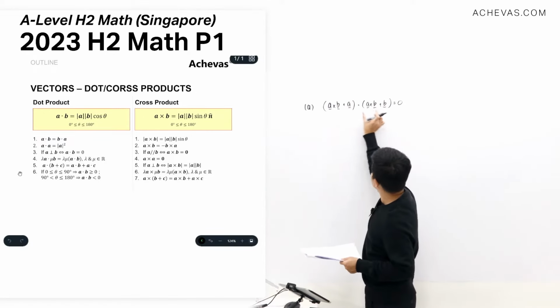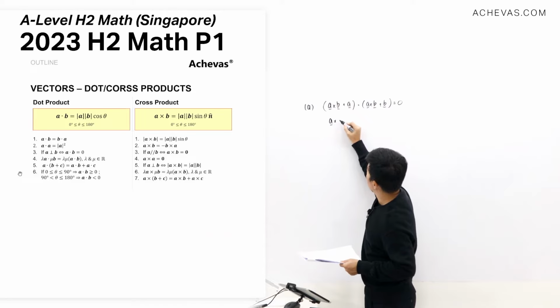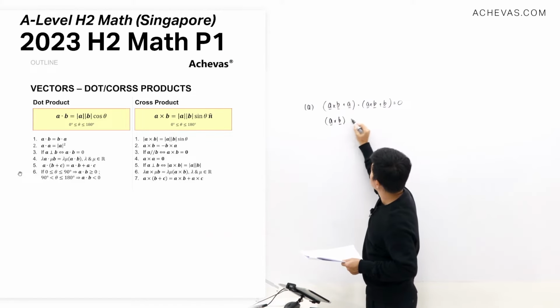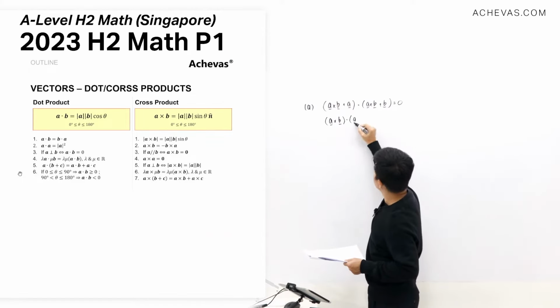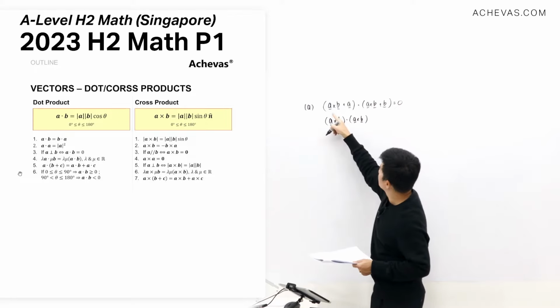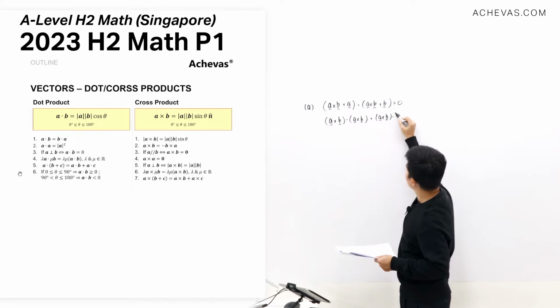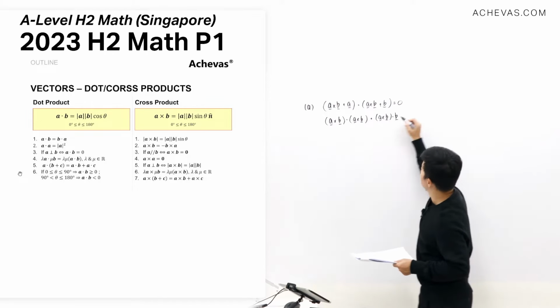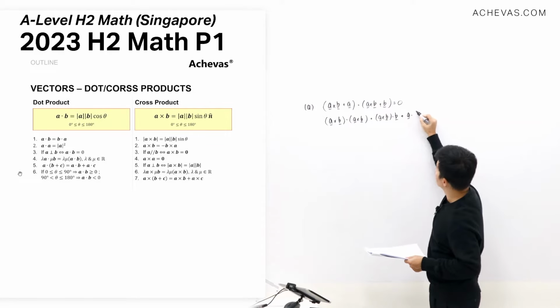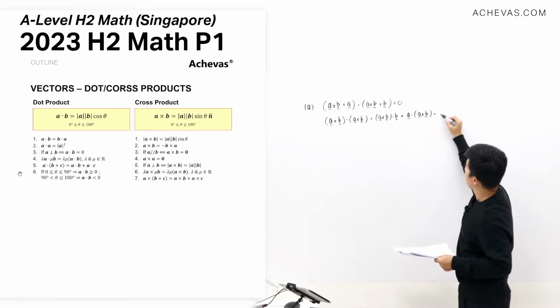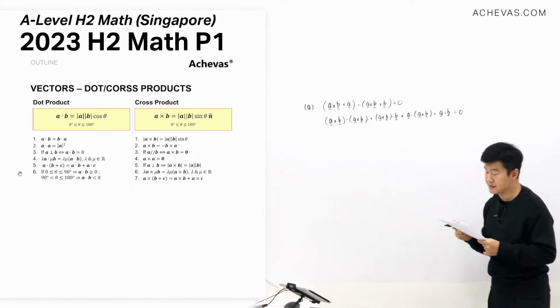So this will be a cross b dot a cross b, then this will be plus a cross b dot b, then this will be plus a dot a cross b, then this is plus a dot b. This is equal to 0.